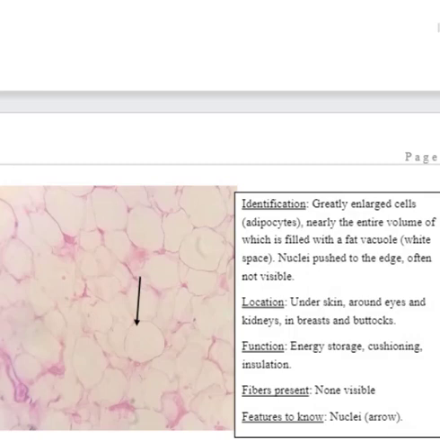This is a picture of fat cells, and the proper name for fat cells is adipose tissue. Adipose, A-D-I-P-O-S-E. Where do you have it? You have it under your eyes. You have it under your skin.